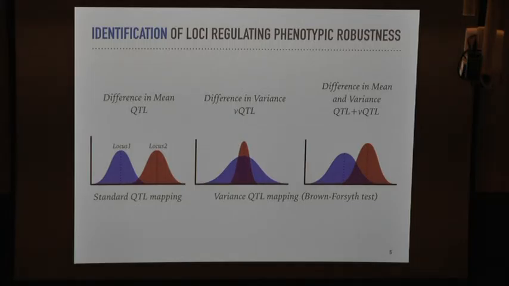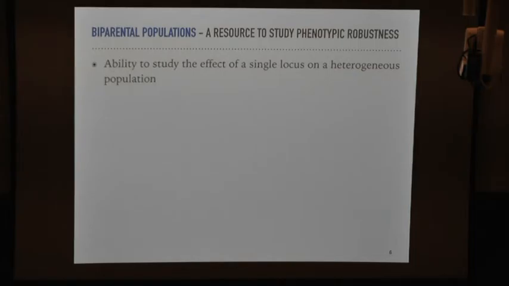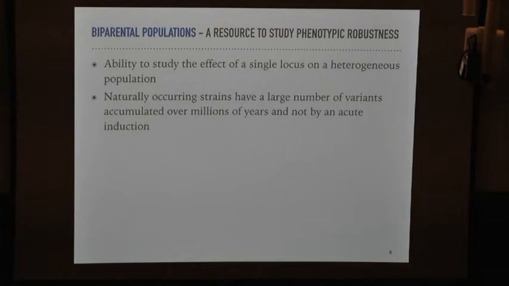One way to do this in a very clean way is to look at biparental populations. Why? Because a biparental population is derived from a single cross, and you have a large heterogeneous segregating population. You can study the effect of a single variant across all the individuals in the population. These variants are not artificially induced. They are naturally derived and have evolved based on the evolutionary history of the parents you are studying.